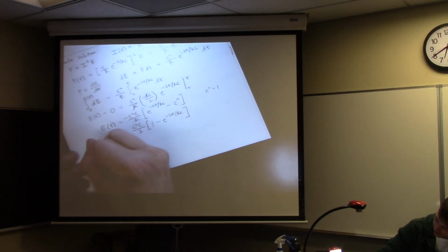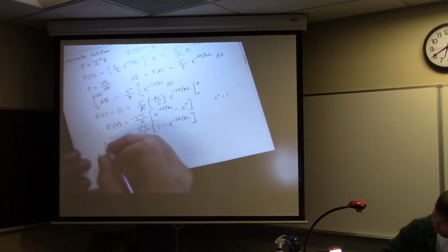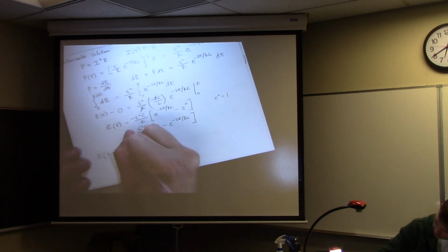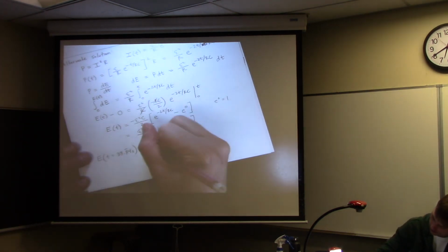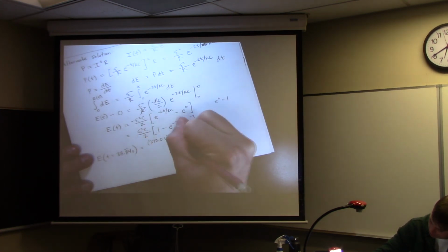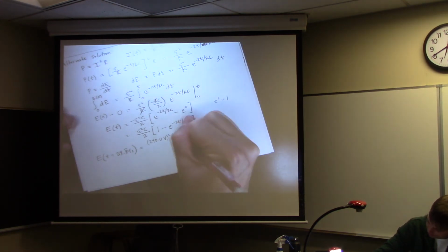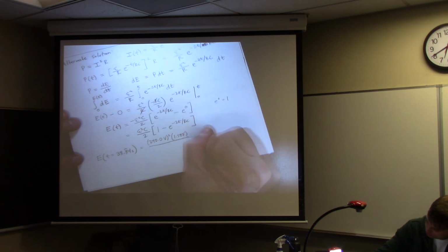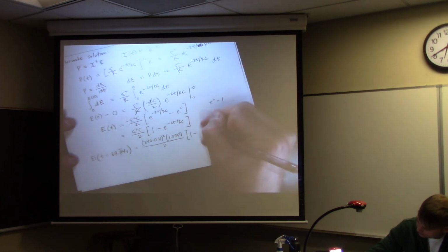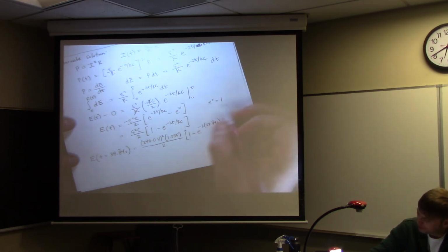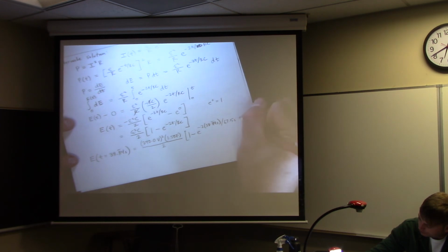Okay, so now what we're going to do is plug in the time of 38.8 seconds and just see what comes out. So we'll have 240 volts, and we'll square it, multiply by 1.5 farads, divide by 2, and then take 1 minus e to the minus 2 times t, which is 38.8 seconds, and then divide by rc, which we said was 67.5 seconds.